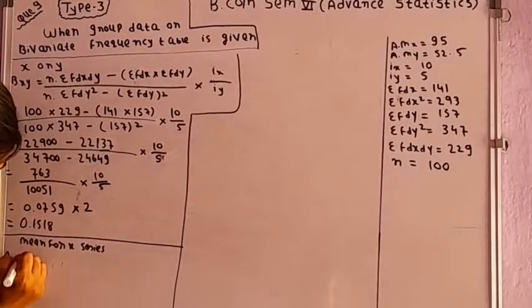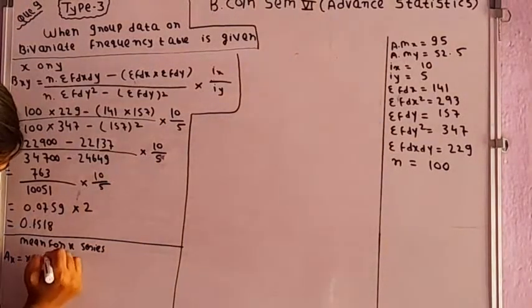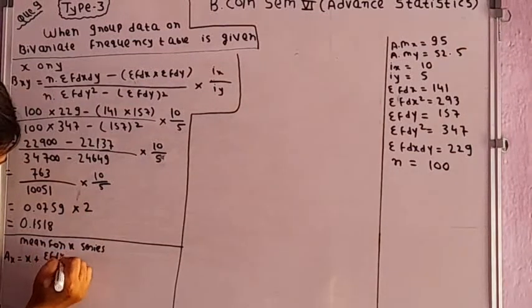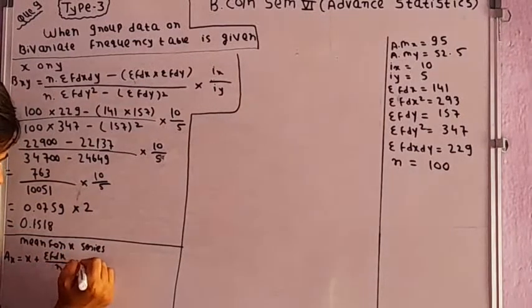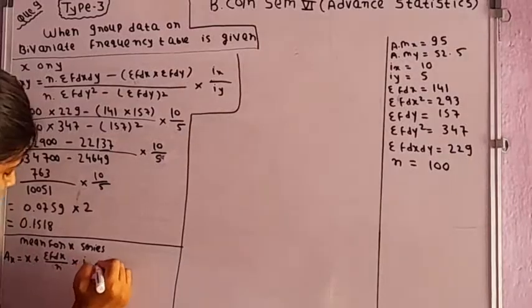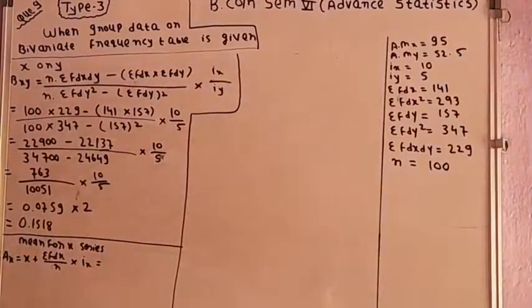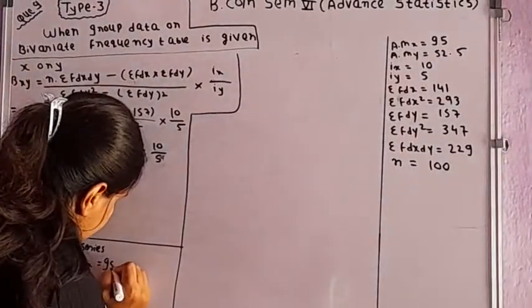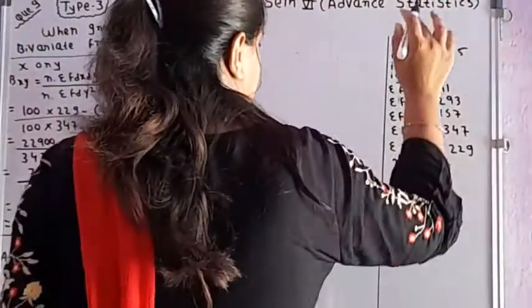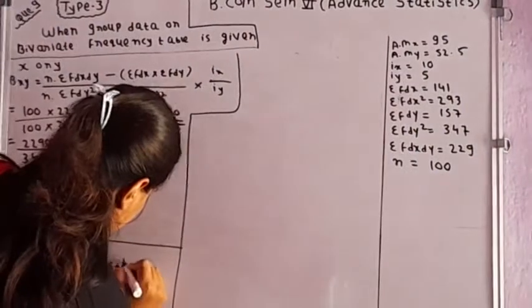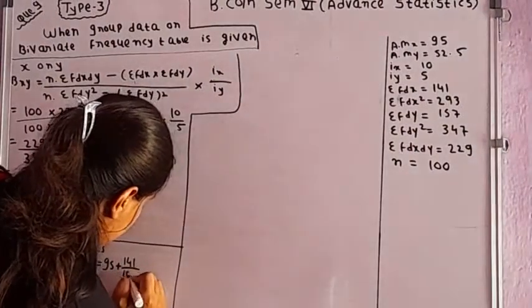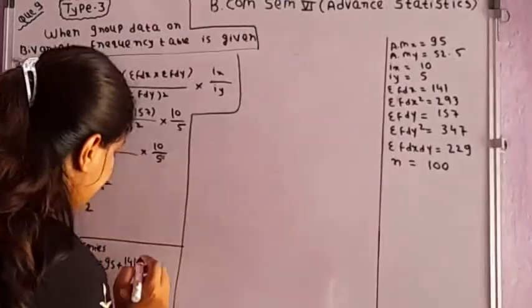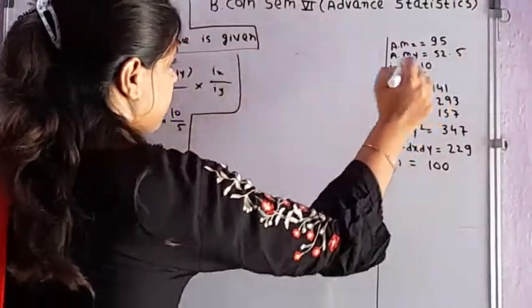Ax is equal to x plus summation f dx upon n into ix. What is the value of x? X means assumed mean of x, 95. Summation f dx is 141. n is 100, into ix, the interval of x series, that is 10.